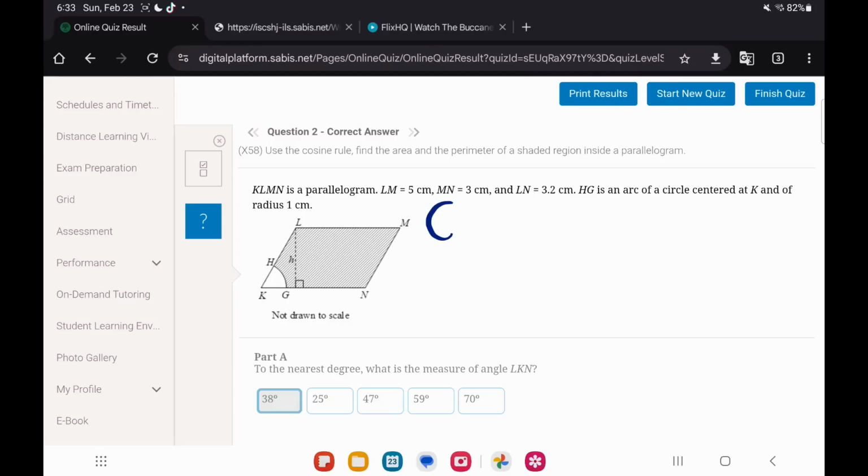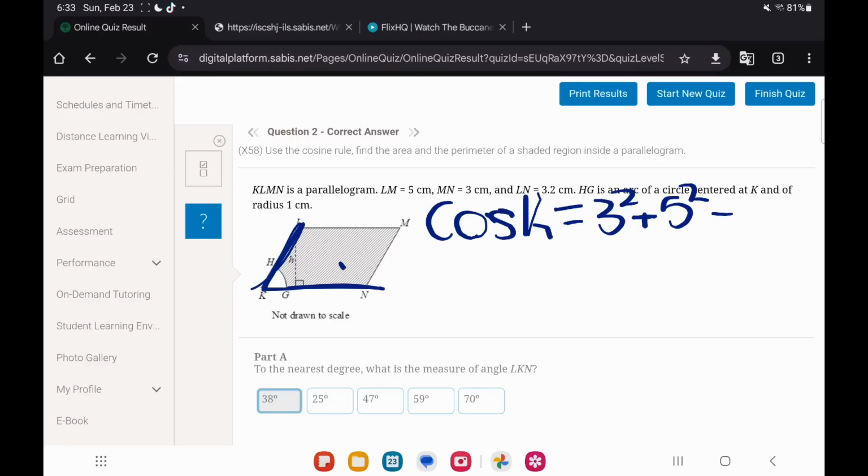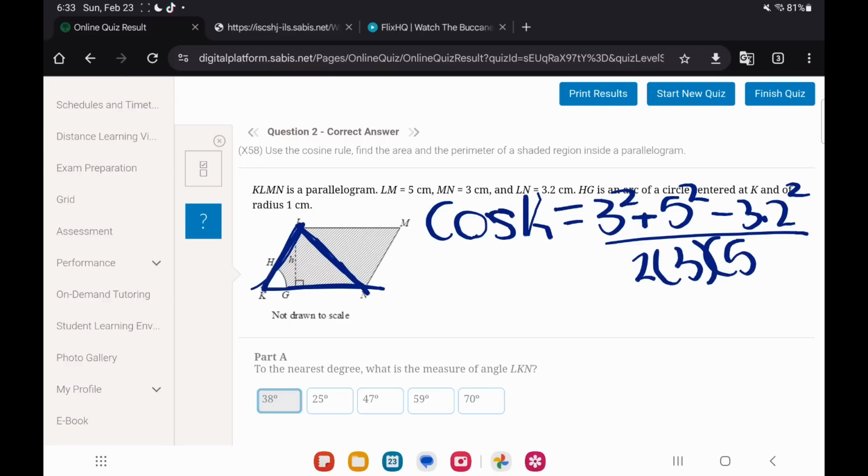Cosine K equals 3 squared because of LK, and then KN, which is LM, the same thing, so plus 5 squared minus LN, which is 3.2 squared, over 2 times 3 times 5. Okay, you do that on your calculator, and then you do shift cosine, and you get 38.